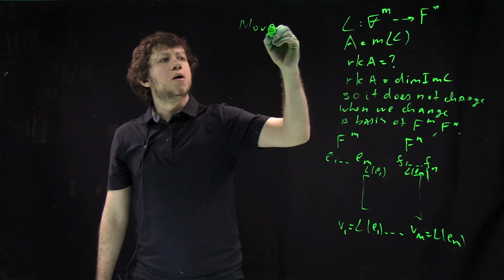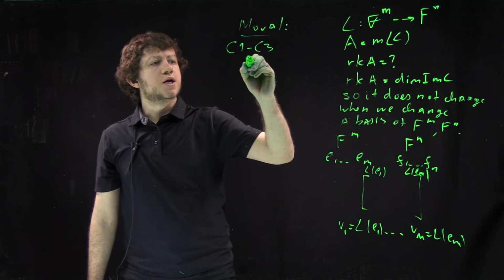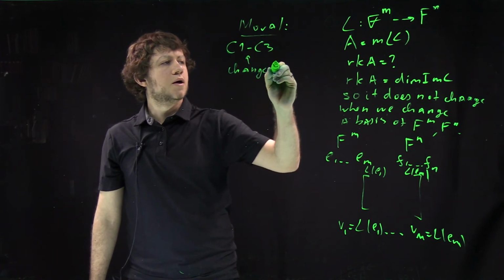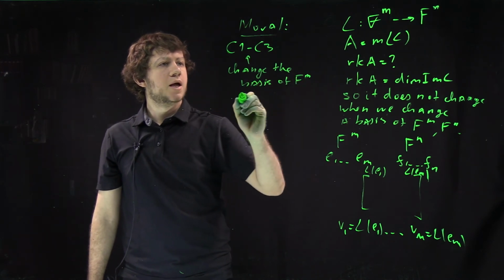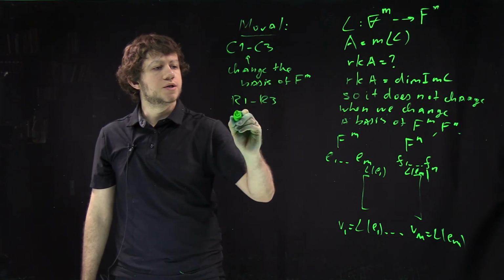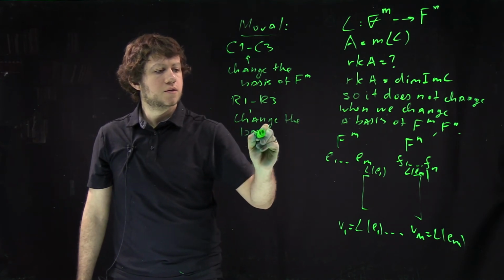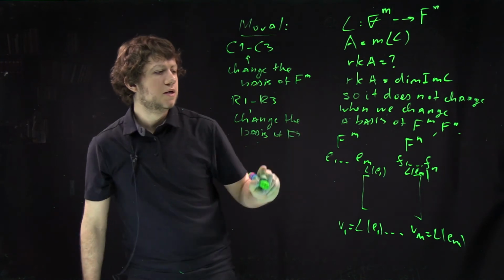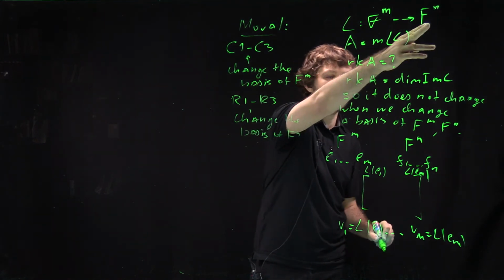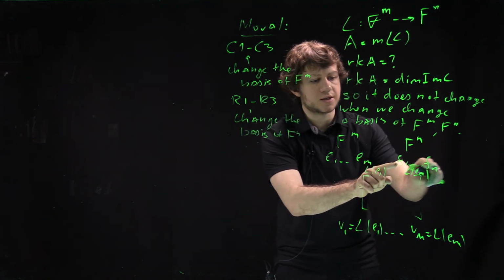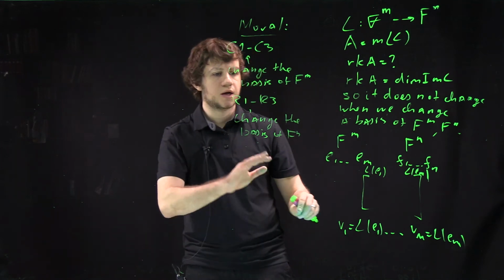So basically the main moral of the story is that C1 up to C3 just change the basis of Fm, and R1 to R3 change the basis of Fn. So why again? Because R1 to R3 change the basis of Fn, and this is indeed because when we change the basis here, that's exactly when we apply these isomorphisms from the previous part of the story.